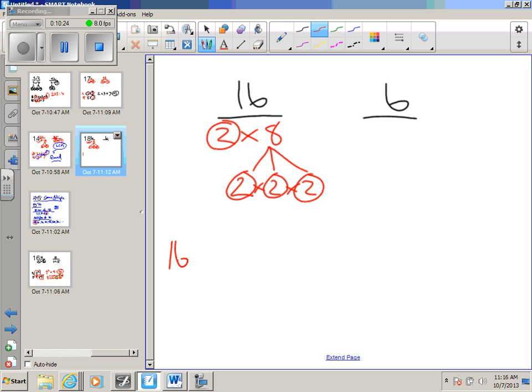Now again, I will encourage you, when working with LCM, to use the exponent form. I have 4 2's, which means, okay, it'll be clearer if you do it that way, trust me. And then 6 is just a simple 2 and a 3.